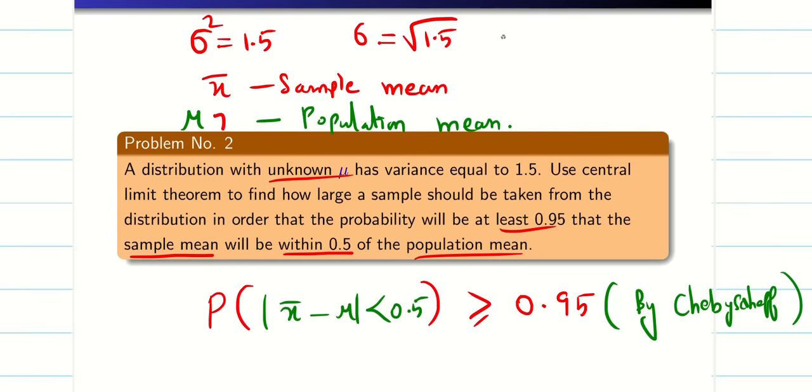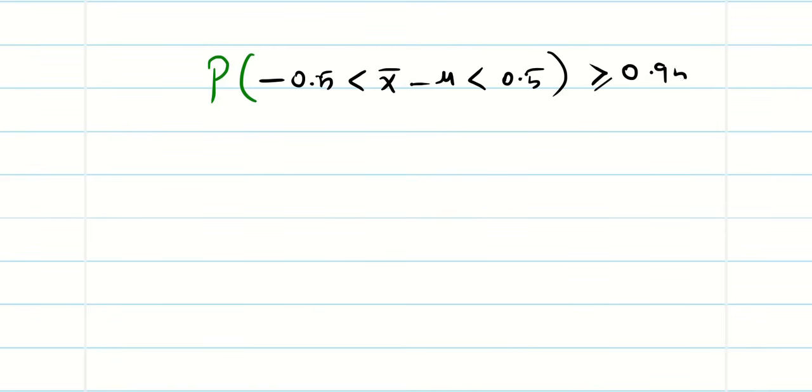So my aim is to find Z. I can write the problem like this: probability of minus 0.5 less than x bar minus mu less than 0.5 is greater than or equal to 0.95. Then I don't need this data.